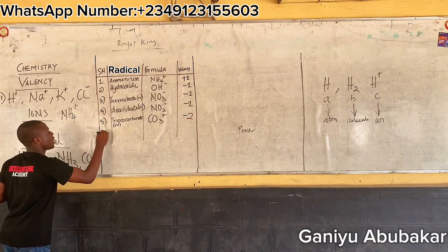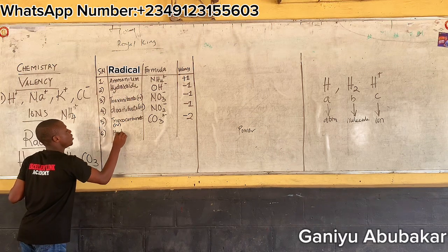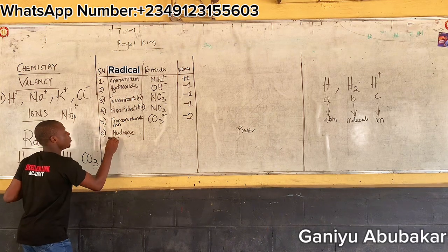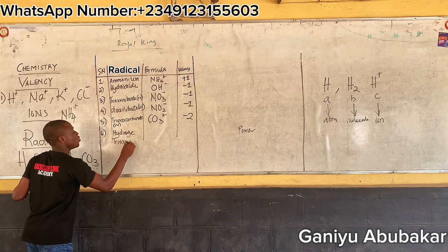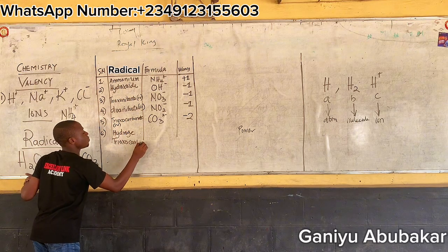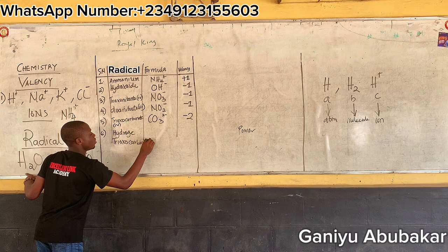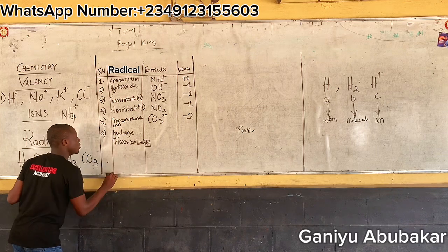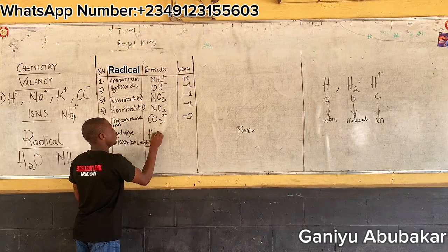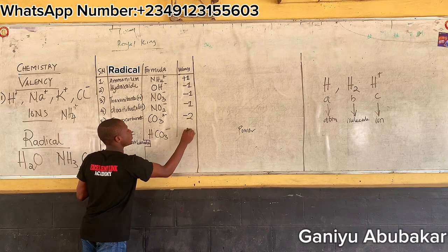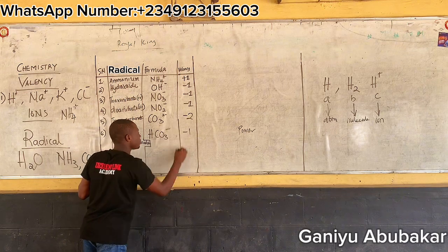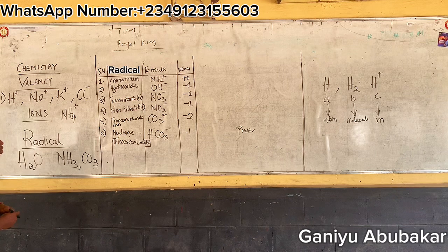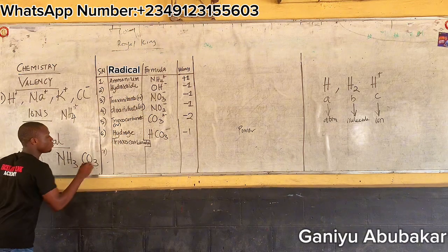Number 6, we have hydrogen trioxocarbonate. That's HCO3 minus. This is minus 1 as the valency. Right?